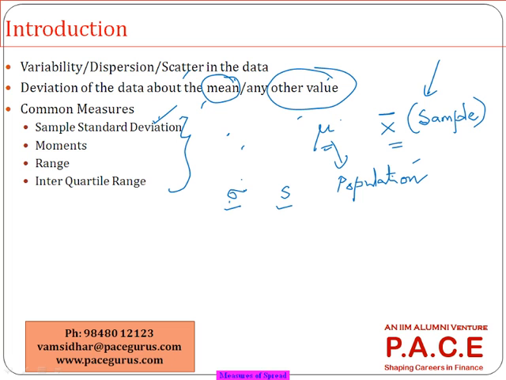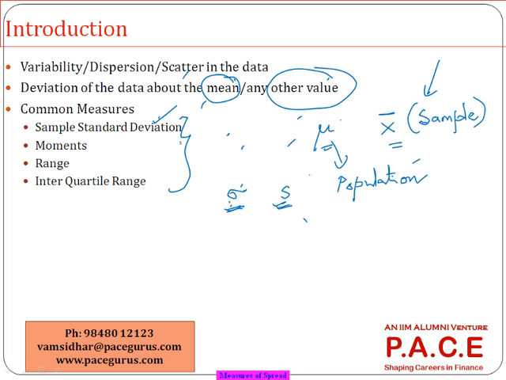Using that 100, he asks you to generalize. That is where we are actually using statistics itself: I am using a sample to do something about the population. So S is something I use for sample standard deviation, and sigma is something I use for population standard deviation.